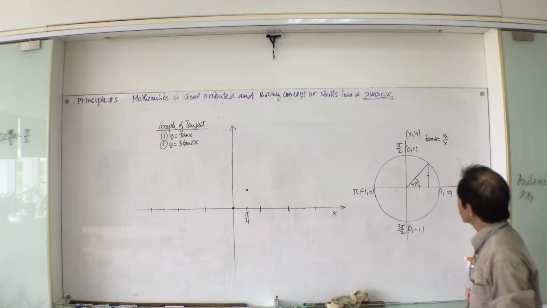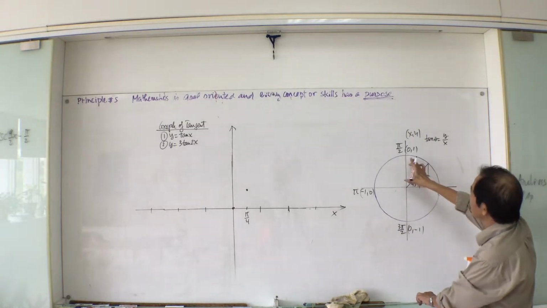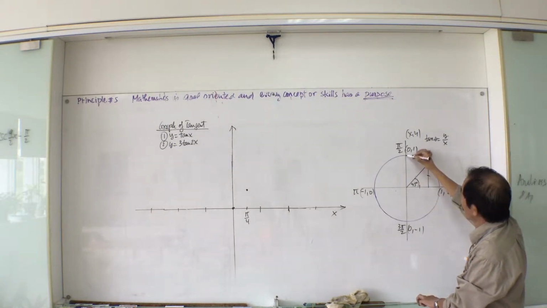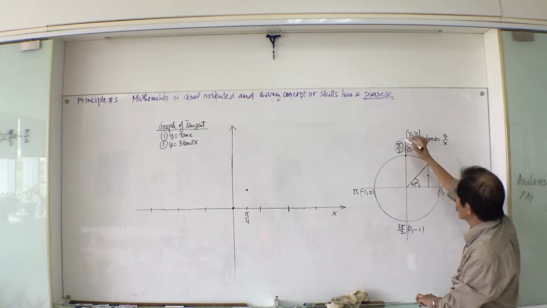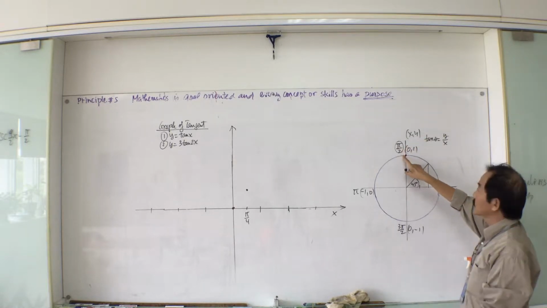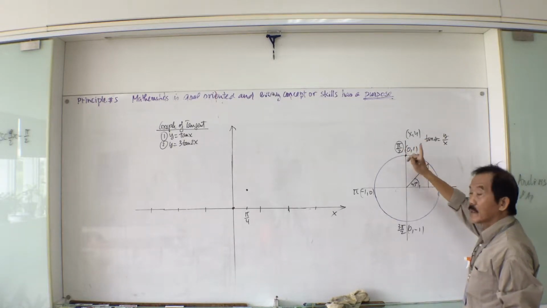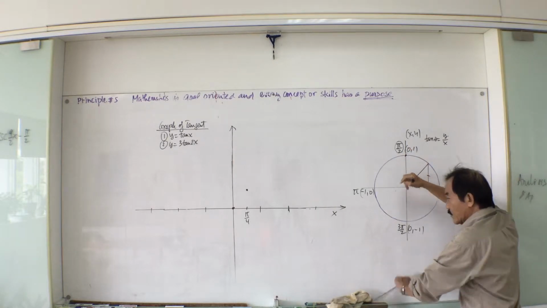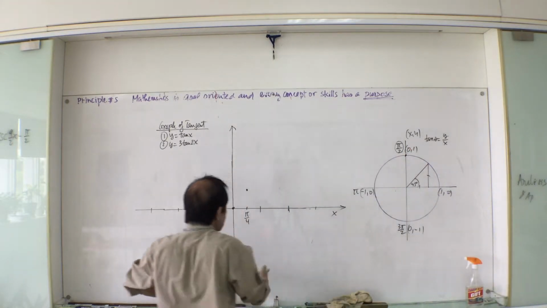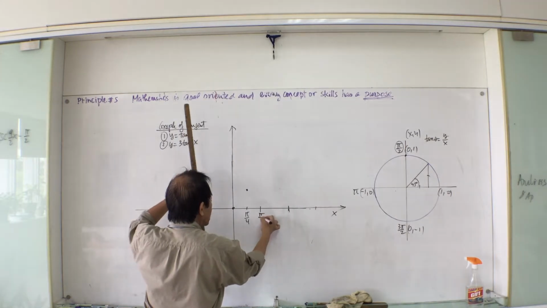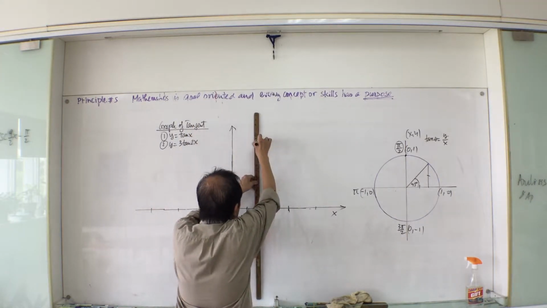Now what? The next one: when the angle equals 90 degrees, which is pi over 2, tangent equals 1 over 0, which is undefined. So right away, when we recognize this is undefined at pi over 2, you draw the vertical asymptote.